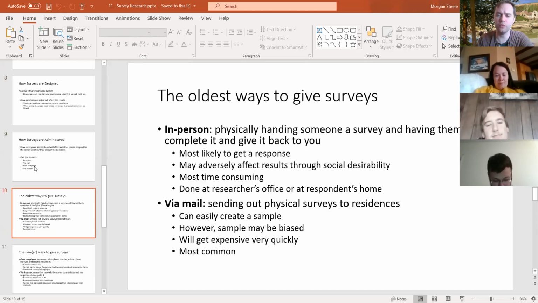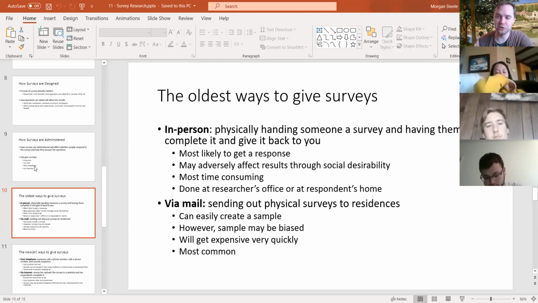So when you're thinking about how you're going to give a survey, each of these methods are going to give you a lot of different answers and different types of answers and different response rates. So for instance, in person, you're physically handing someone a survey and having them complete it and give it back to you. This is the most likely method to get a response.